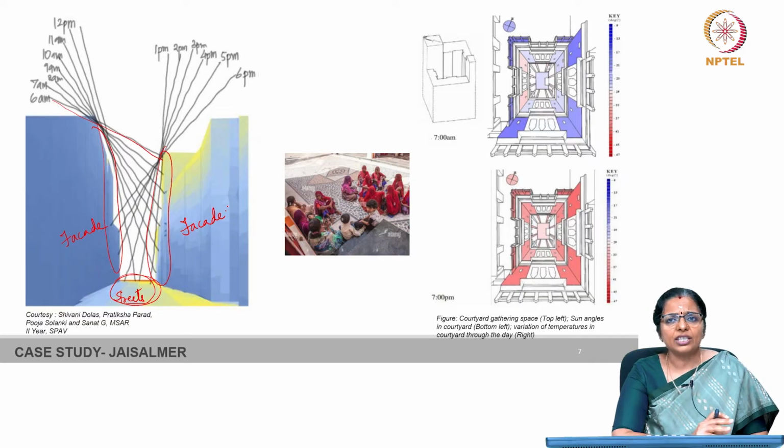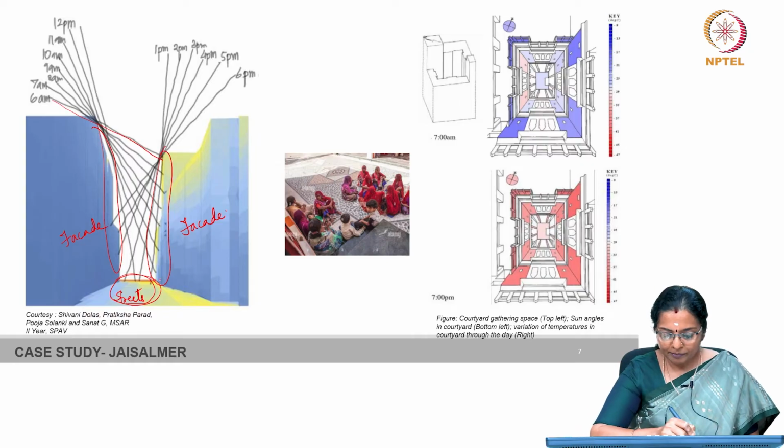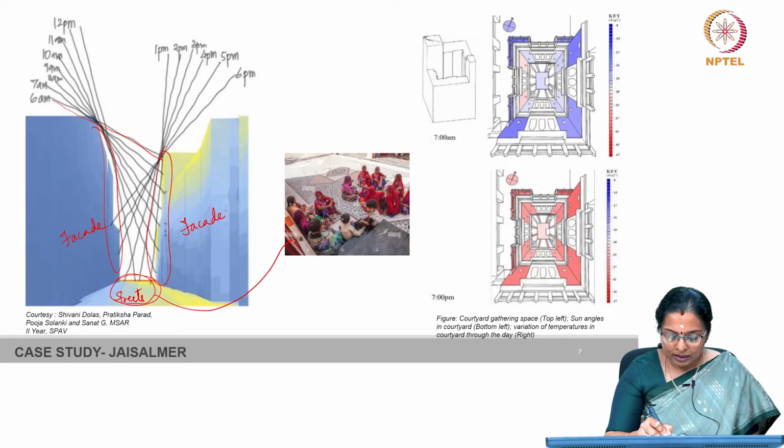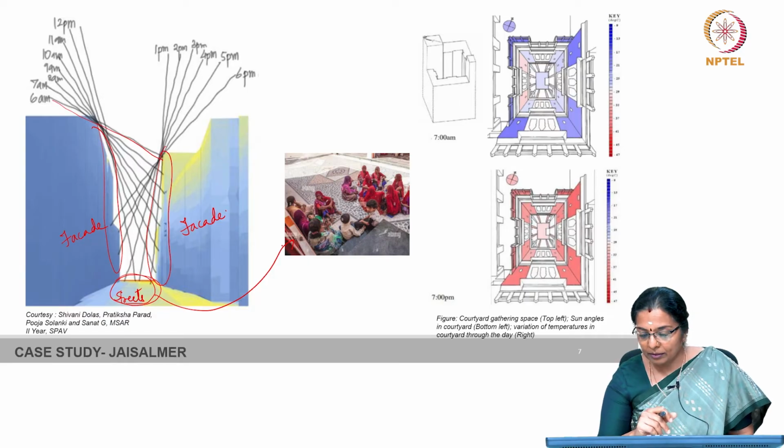Now, the relationship between the built form and the microclimate is reciprocal, because buildings also impact the local climate and the microclimate also influences the built form. And when you have structures like these, you can see a lot of community engagement happening.